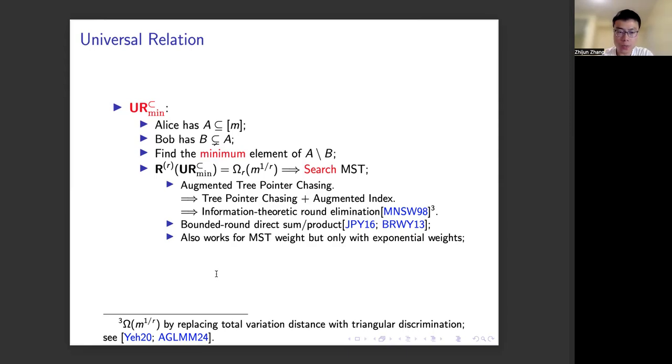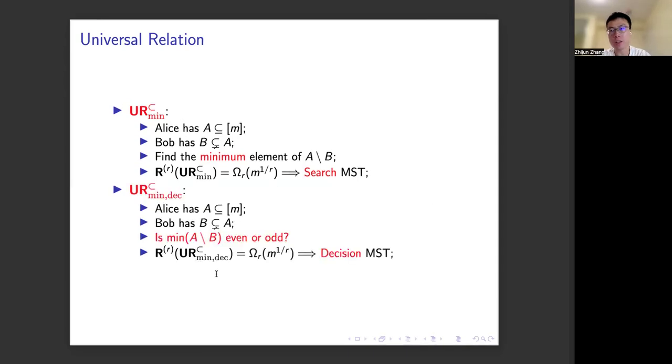Okay, if we want to extend this argument to obtain lower bounds for the decisional version of MST, we can similarly define a decisional version of the mean universal relation problem, where instead of finding the exact minimum element, we just want the parity of this mean element.